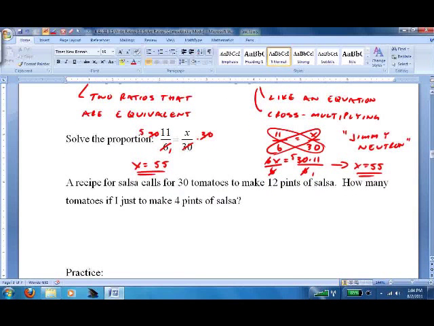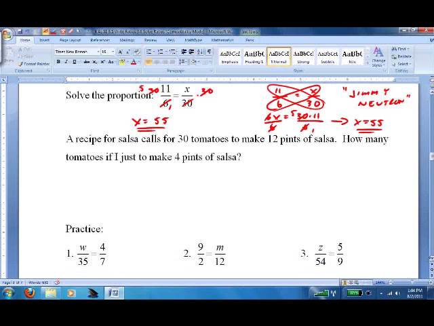So here's a word problem for you. A recipe calls for 30 tomatoes to make 12 pints of salsa. How many tomatoes should I use to make 4 pints of salsa? So how many becomes our variable. We'll call that x. And the ratio we have is 30, and I like writing out here tomatoes for salsa.